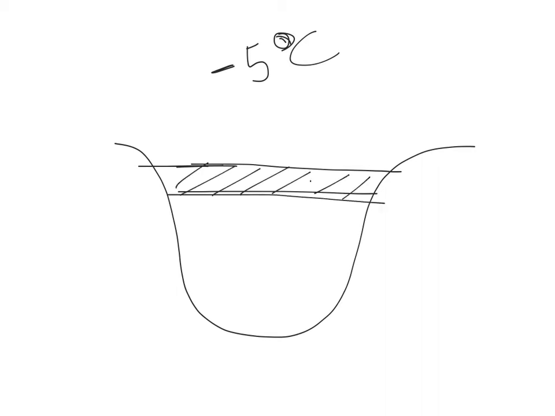When the temperature is below 5 centigrade degrees, the water starts to become ice at the top, because ice is less dense than liquid water, and water is densest at 4 centigrade degrees.